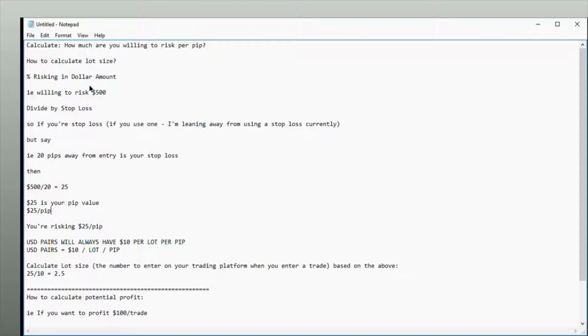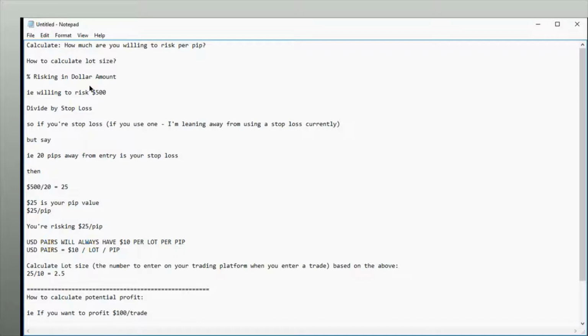So it's really up to you how much you're willing to risk. Just don't ever risk more than you're willing to lose. So take your account size times the percent you're willing to risk of that account size. If your account size is $50,000 and you're willing to risk 1%, then you're willing to risk $500.